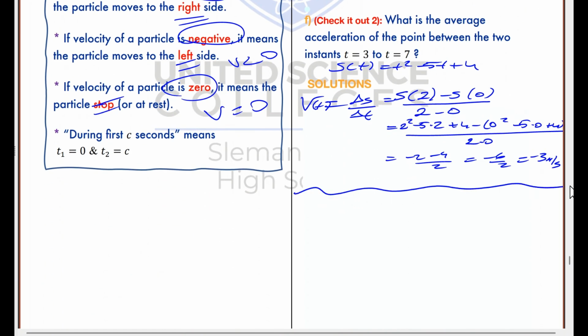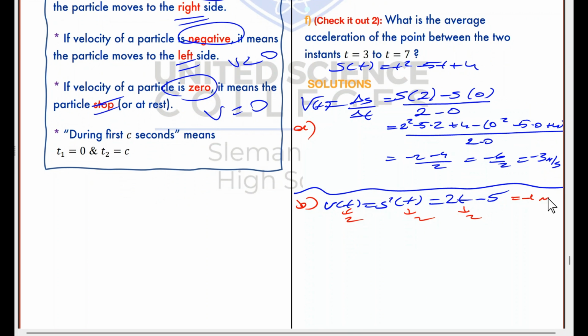So part B, this was A, part B. So the velocity function is equal to first derivative of position function, which is derivative of t squared is 2t, minus derivative of 5t is 5, derivative of 4 is 0. So this is our velocity. We are looking for velocity at 2. So we just insert 2 for t. 2 times 2, 4. 4 minus 5, negative 1. That's negative 1 meter per second.